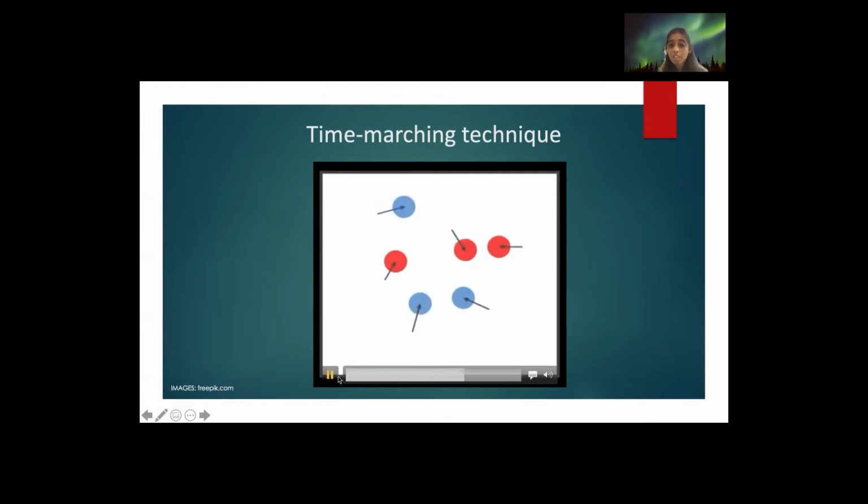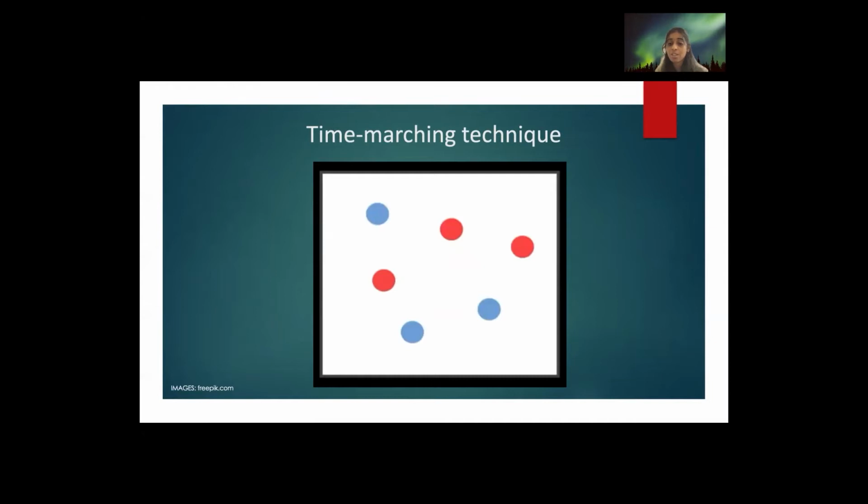The atoms and molecules are then moved to this new position. Now, this new state is used to predict the subsequent nearest future, and the process repeats. In this way, a time marching technique predicts the movement of atoms and molecules in a step-by-step fashion.